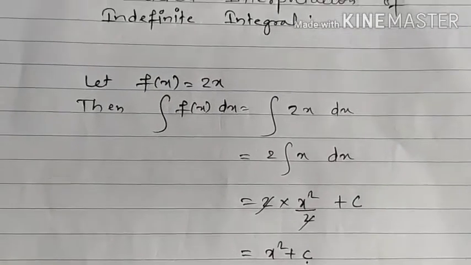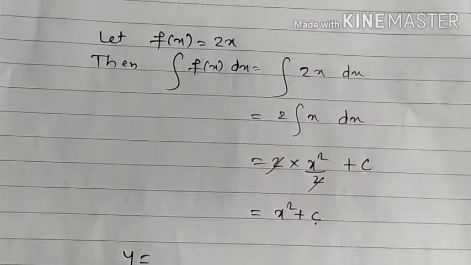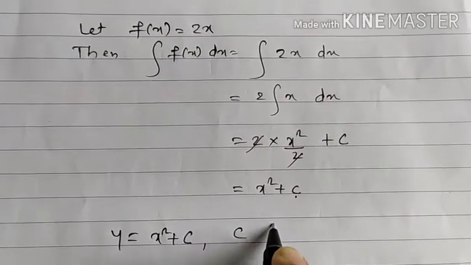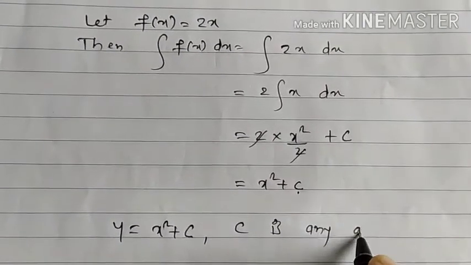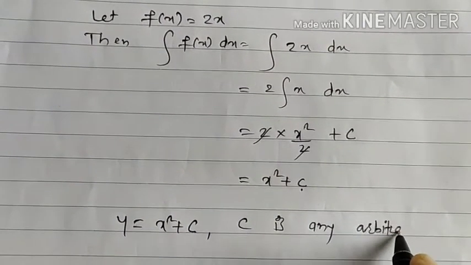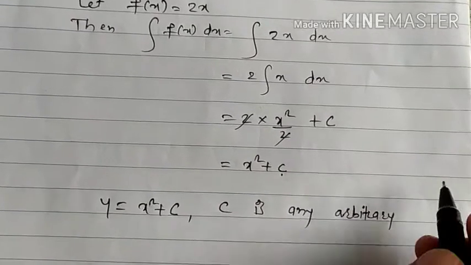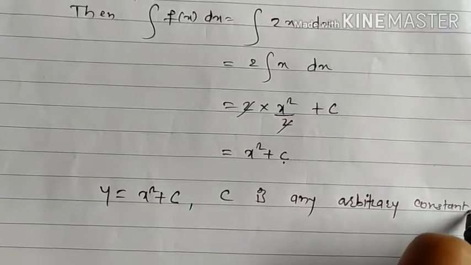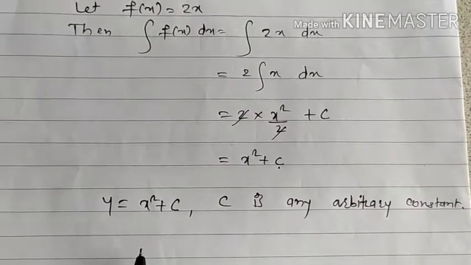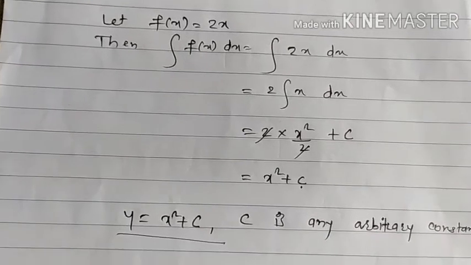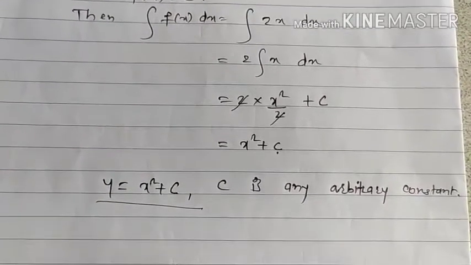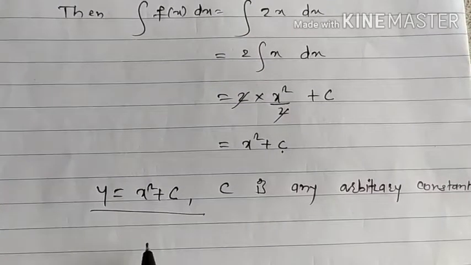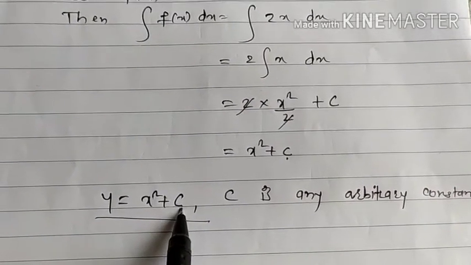Thus y equal to x square plus c, where c is any arbitrary constant, represents a family of integrals. By assigning different values to c, we get different members of the family.